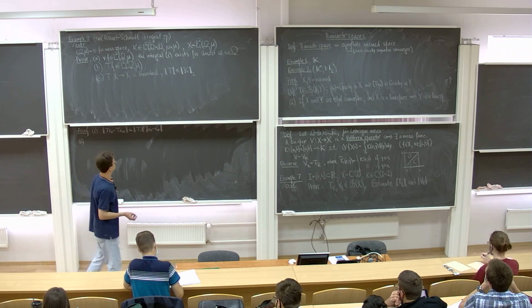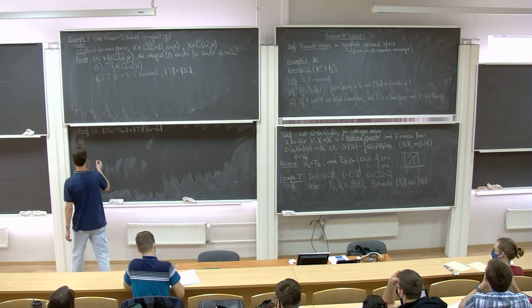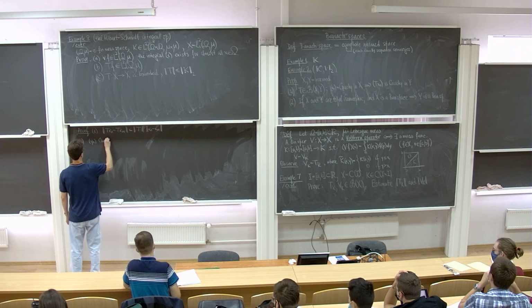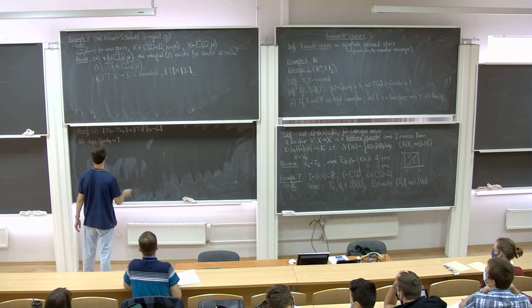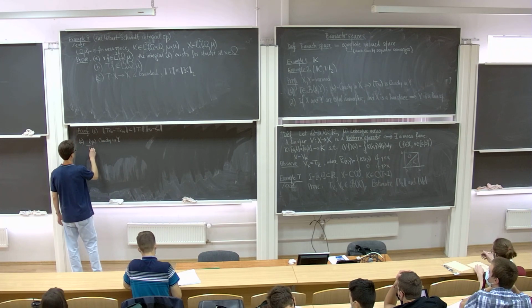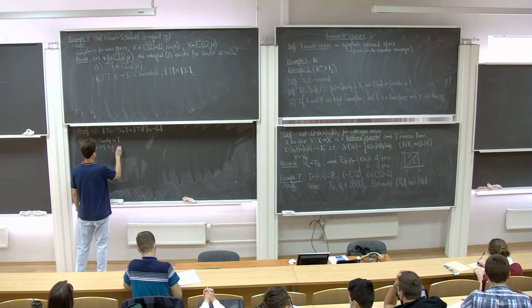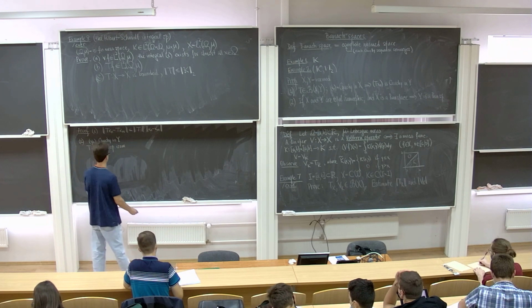If we want to show that Y is complete, we take a Cauchy sequence in Y. We take a topological isomorphism T between X and Y, and we apply the inverse operator, T inverse.